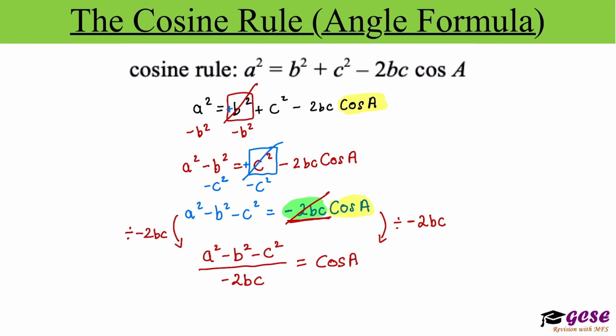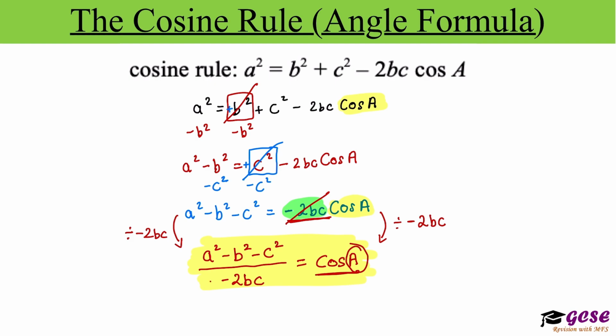Okay, so this is basically the majority of the formula that you need to know. Okay, if you can get to this stage, then you're basically sorted. Because if you get a value out of this from the triangle, you will have a value for cos A. Once you have cos A, in order to work out the angle, in order to work out just A, you can inverse cos your answer.